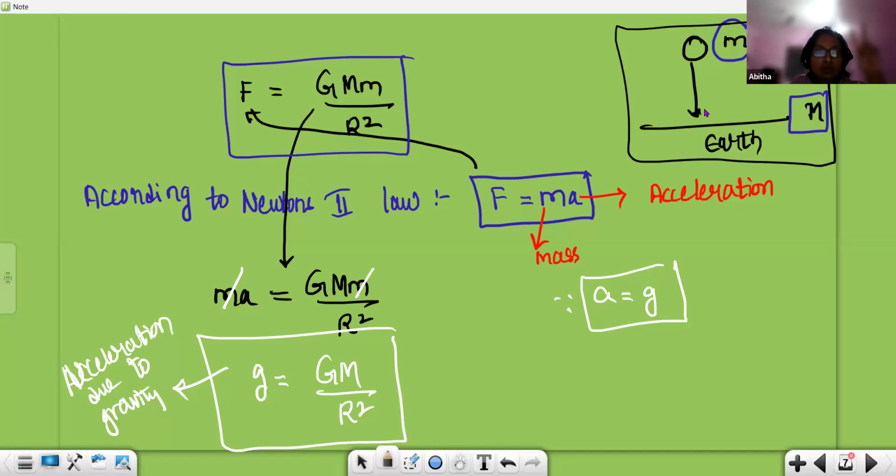In this, there are only two things: a free fall body and the Earth surface. Earth is a really big object whose mass is very big, so we are using capital M. And the free fall object is very small and we are using small m. That's why we change the formula to derive acceleration due to gravity in case of free fall. Understand?